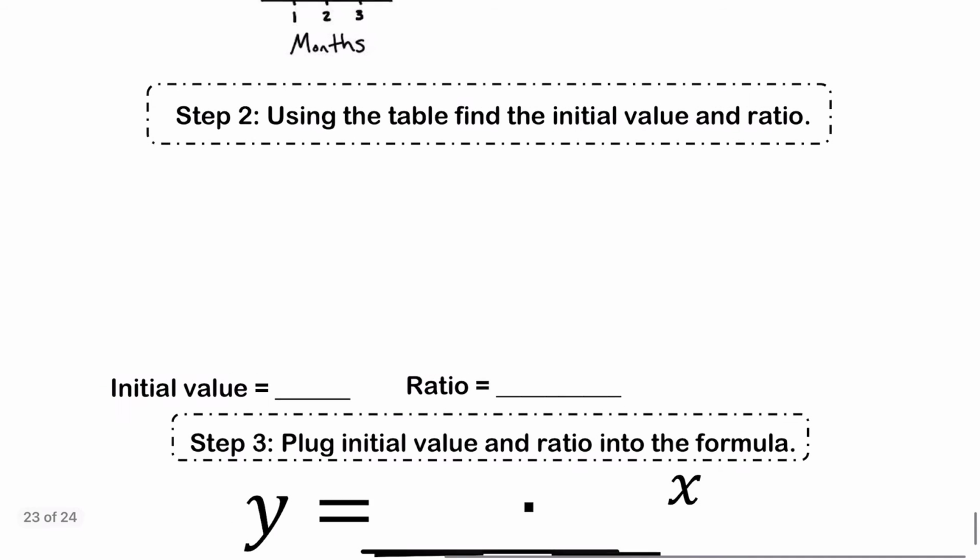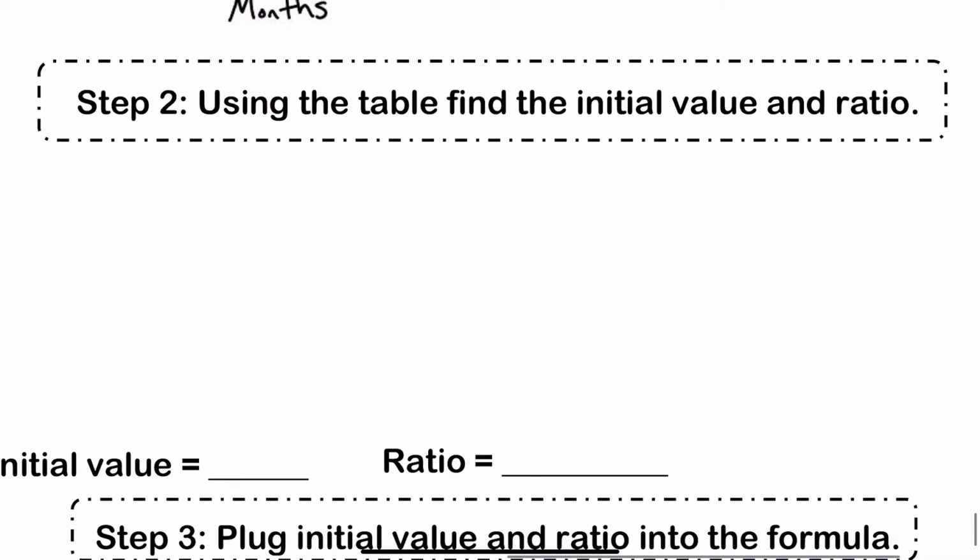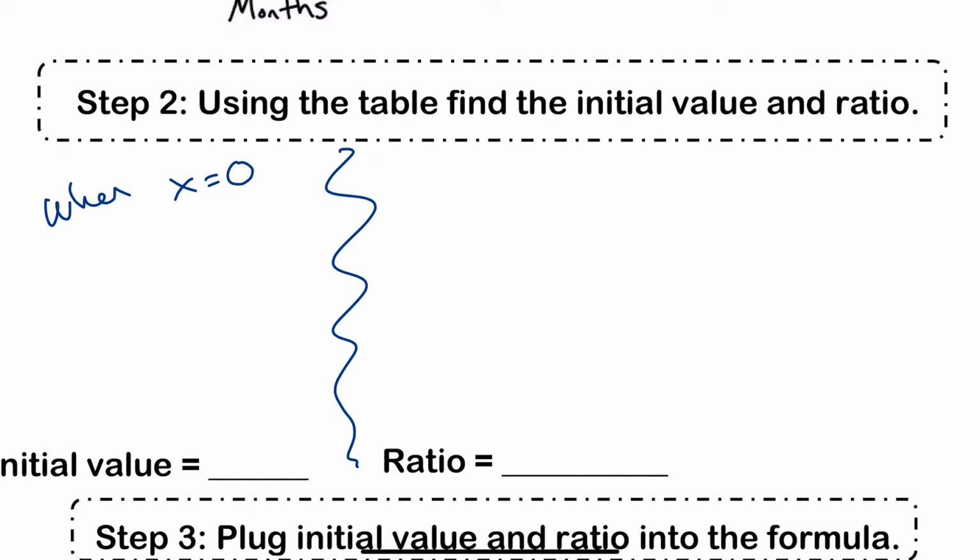It says step 2, using the table, find the initial value and ratio. So I'm just going to break these up. We got our initial value over here and our ratio over here. Initial value is just going to be when our x is equal to 0, or our y-intercept, or the starting point.